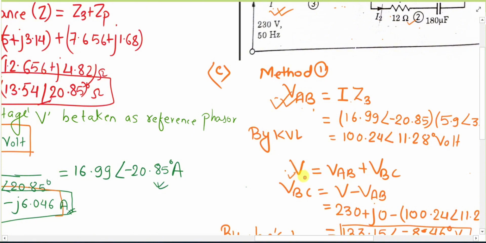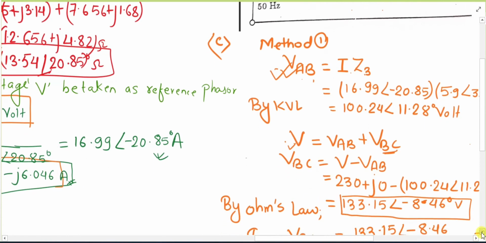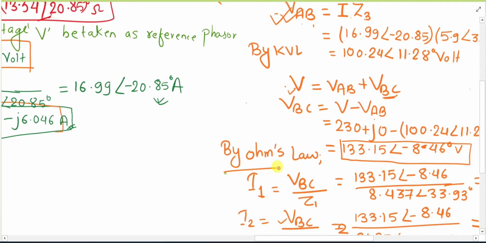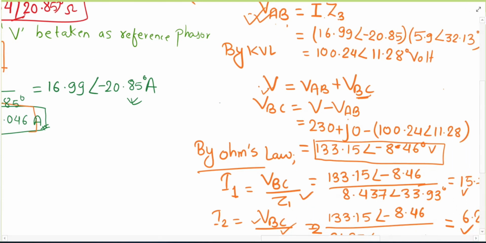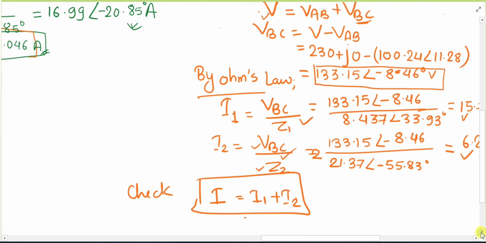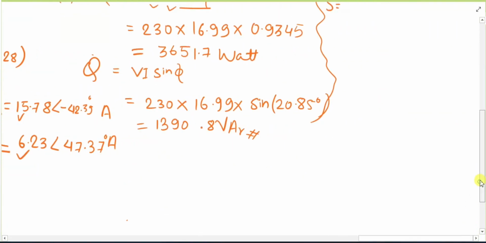Now we don't know the voltage across BC, so after finding this we use Ohm's law. Since both branches in parallel have the same voltage, only the impedances change. So substituting the impedances, you can easily identify the current, and you can check it using this way.